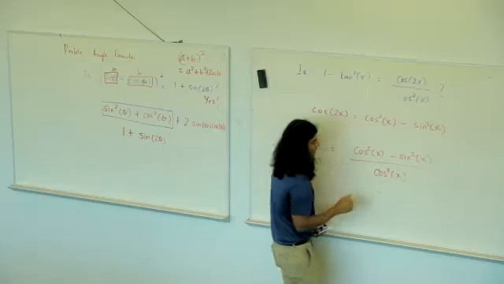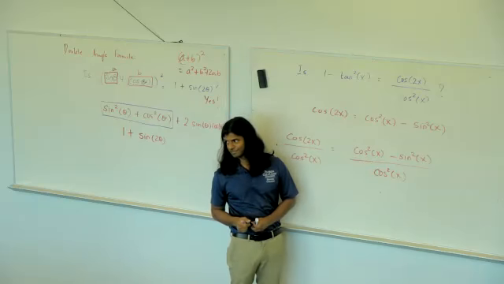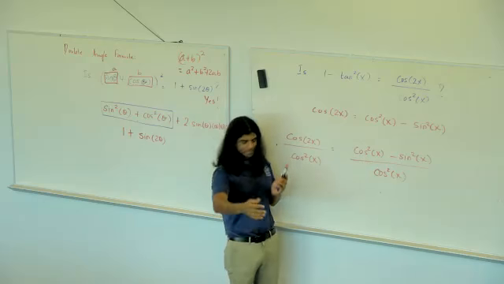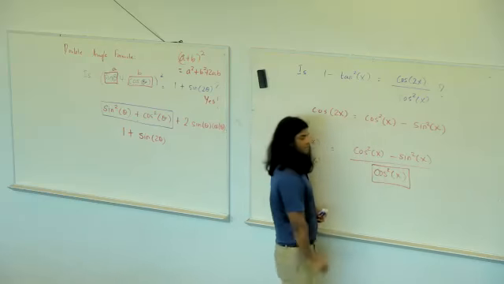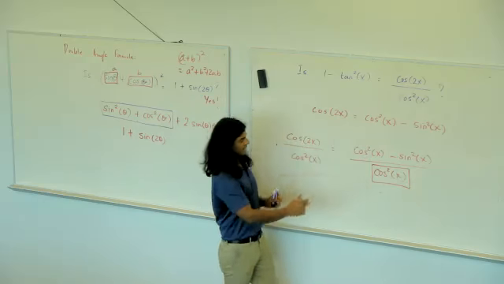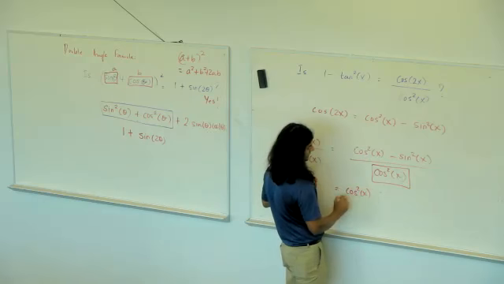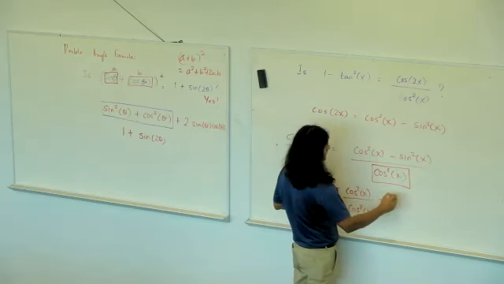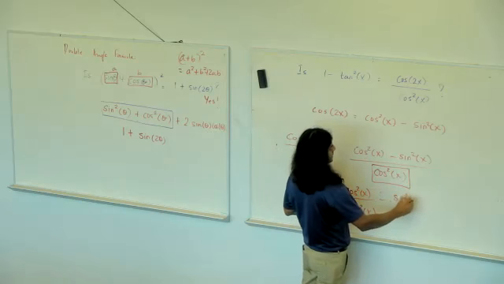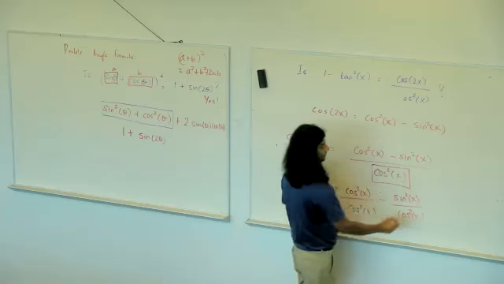What should you do? Split them into 2 terms because that is the common denominator. So I can write it as cosine squared x divided by cosine squared x minus sine squared x divided by cosine squared x.